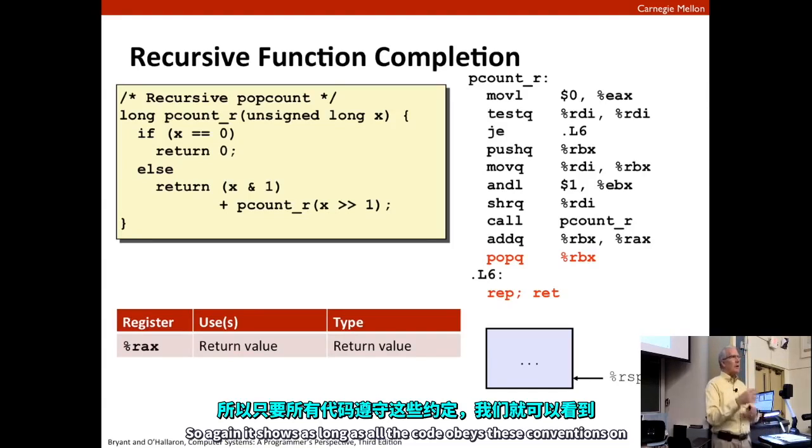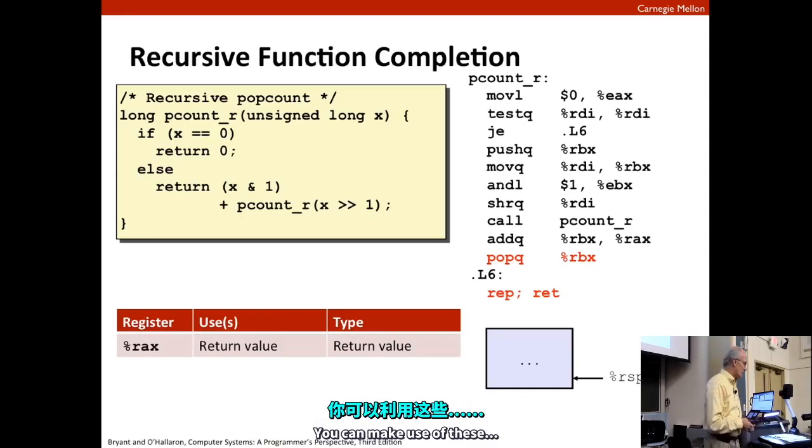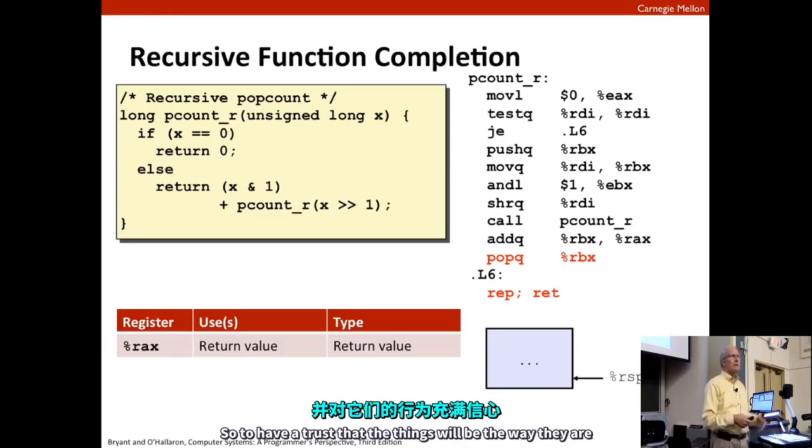So again, it shows as long as all the code obeys these conventions on how they use registers, then life is good. You can make use of these, and have a trust that things will be the way they are.